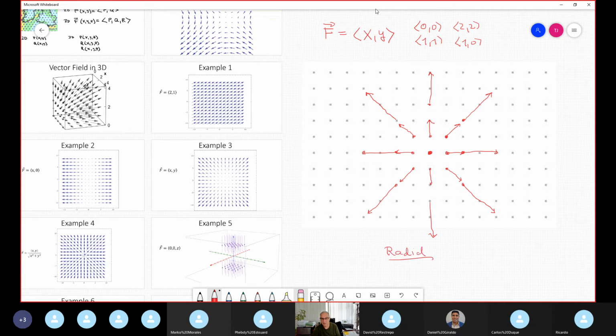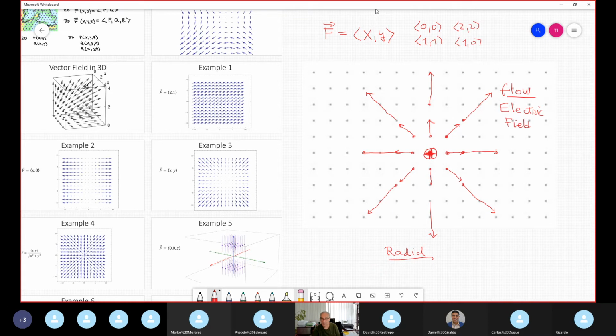So the vector field travels radially. Radial means, suppose in electromagnetism this is the electric charge, positive, and this represents the flux of the lines of the electric field, in one particular case of the vector field.